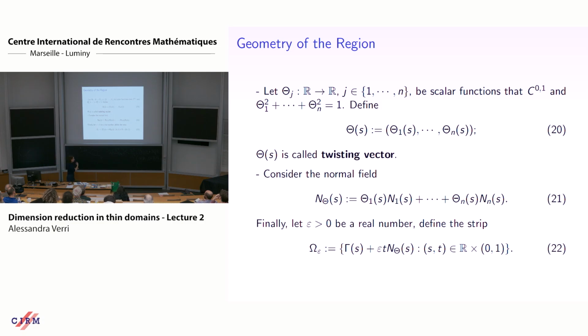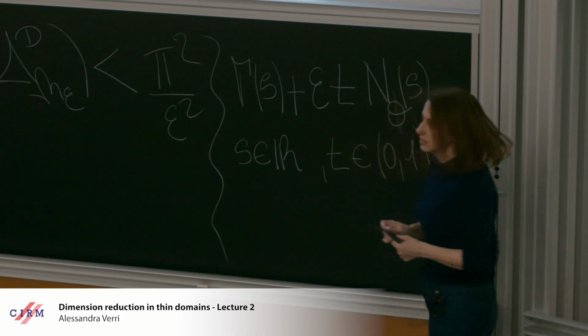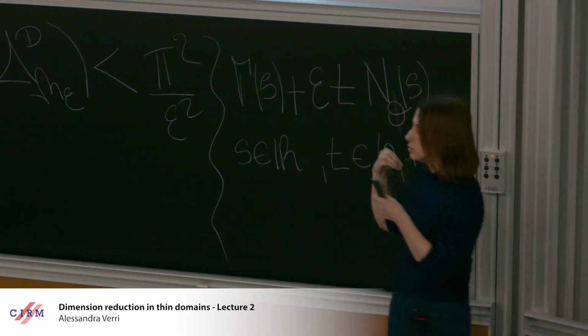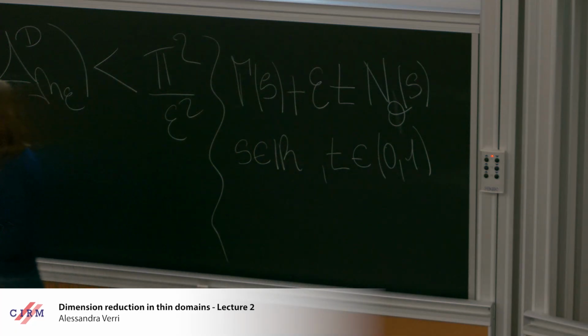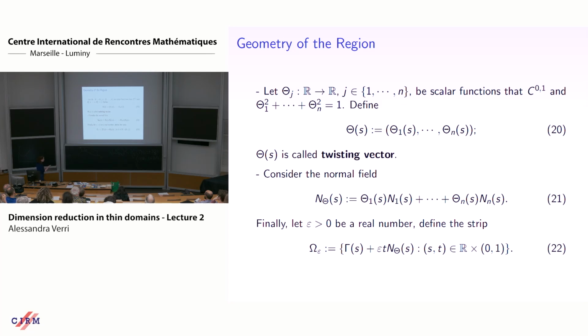And then we come back here, and you can replace this vector by any theta(s). So we obtain new effects on the strip. So here we have the parameterization of our regions.